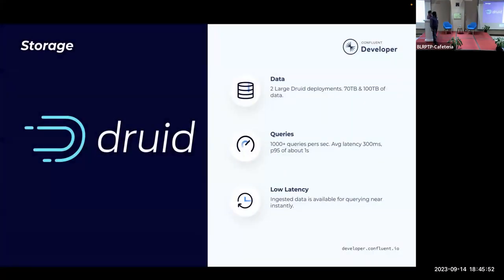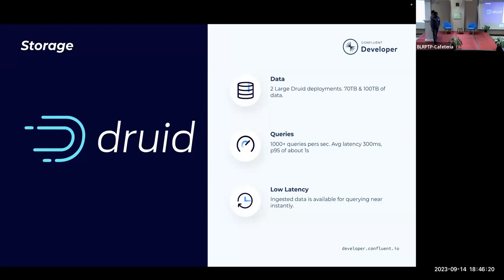Okay, so our Druid cluster. We have two large Druid deployments in production. We have a few other clusters, but the big ones are these two large Druid deployments. We have 70 terabytes and 100 terabytes of data respectively, excluding the deep storage, S3. Via the metrics API, we get around 1,000 plus queries per second.